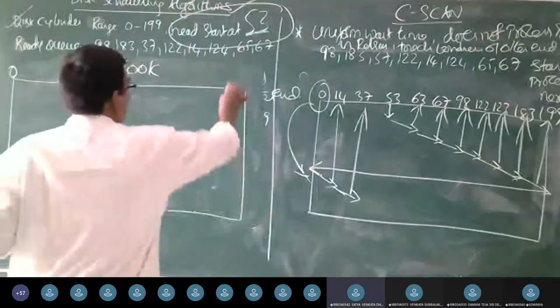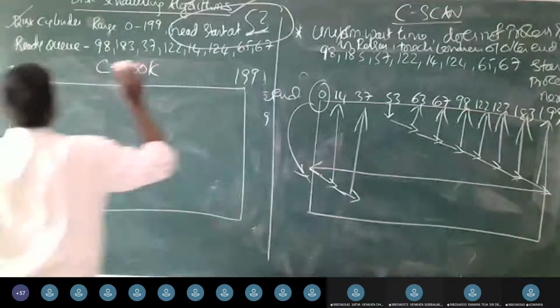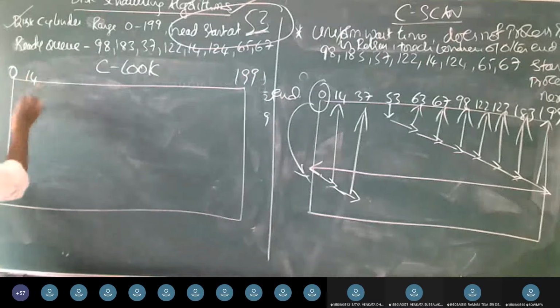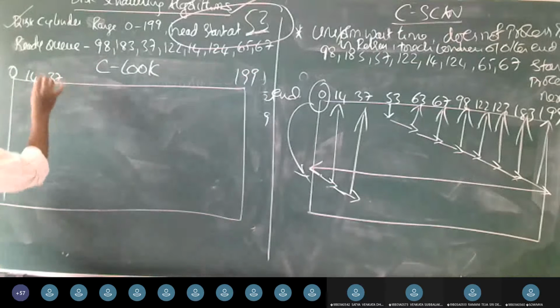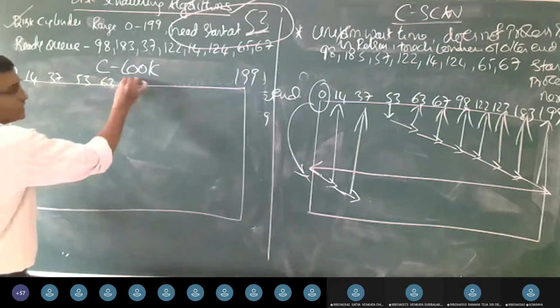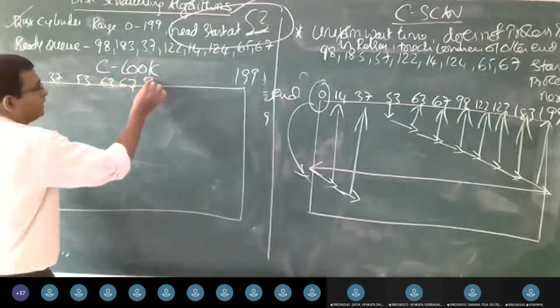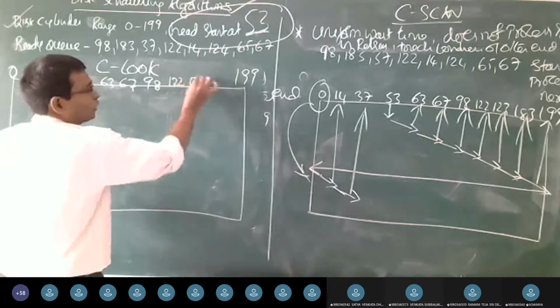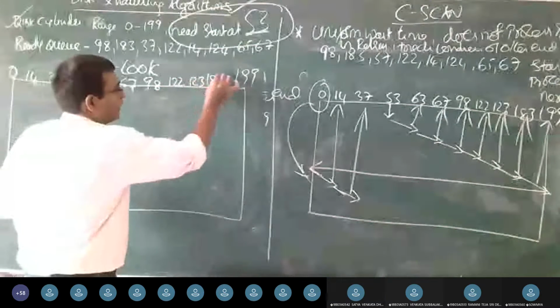I will just explain it again. 199 followed by the items in ascending order: 14, 37, 53, 63, 67, 98, 122, 123, 183.